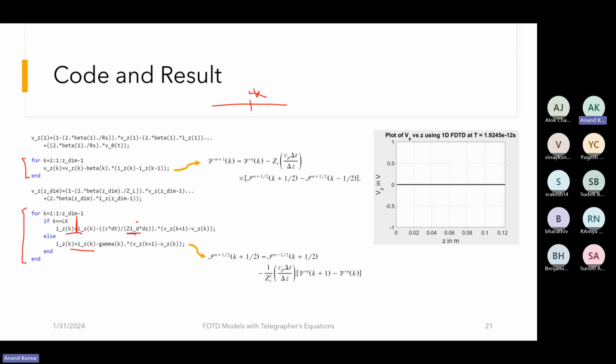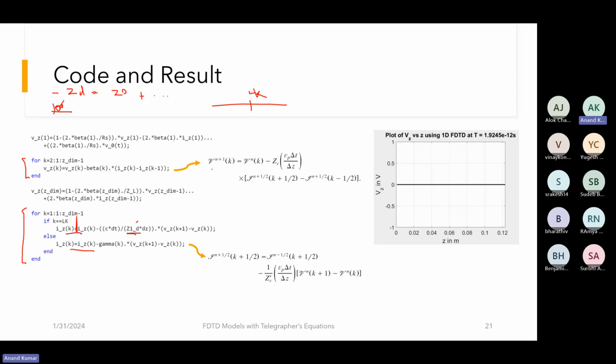So this Z1D can be calculated before the loop even starts. Before the for loop starts for the FDTD, we will just calculate the value of Z1D according to the characteristic impedance and the rest of the values. So that's all the changes we need to do.